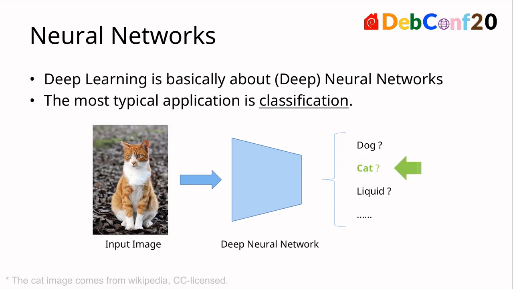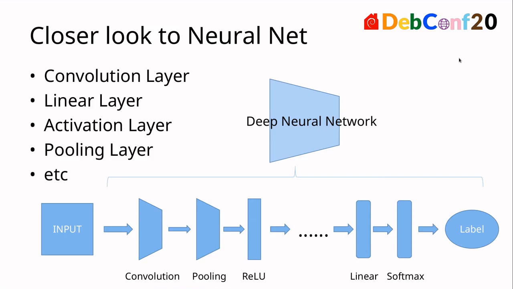And the network will try to crunch many numbers, do lots of mathematical operations, and calculate the probabilities for a predefined list of categories. In our case, the category cat has the highest probability, so our input image is classified as the cat.